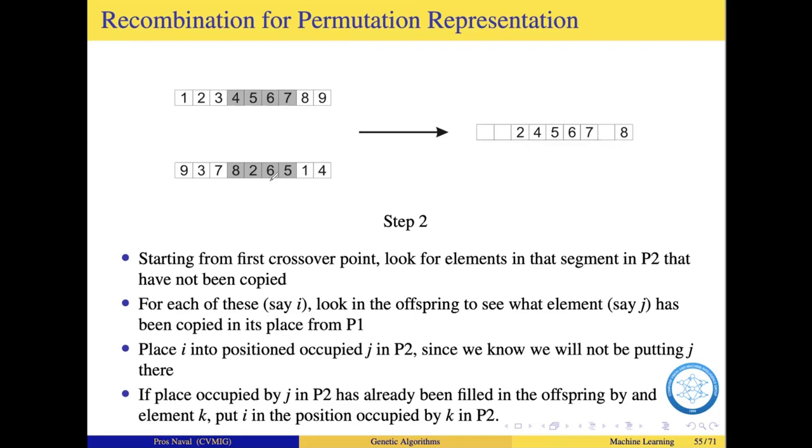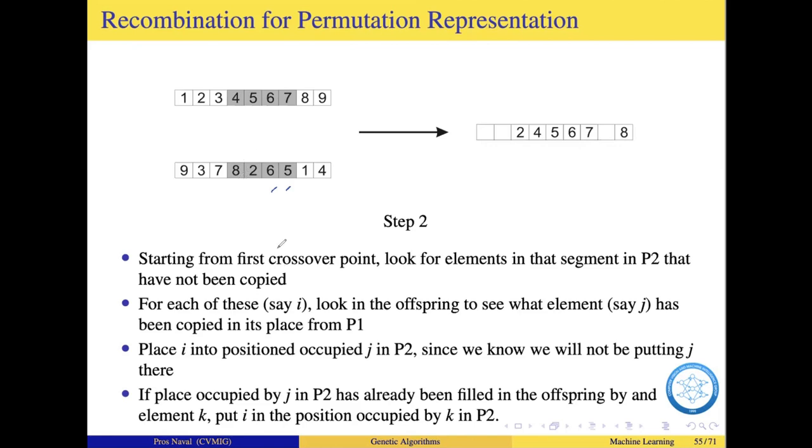You look for those genes in the second parent that are already copied. So 8 is not copied, it's not here, and so is 2. But 6 and 5 are already present, right? Because we just copied this. So you can say it is already checked, and this is checked. So these two have not yet been accounted for.